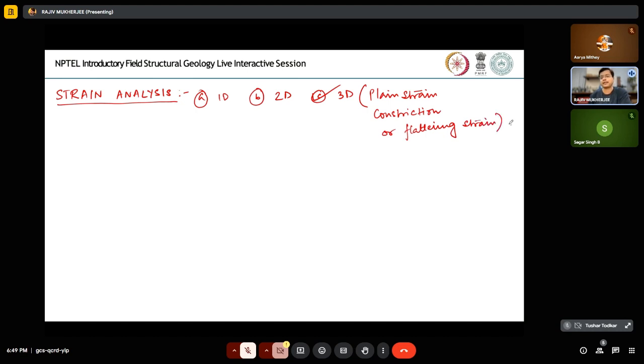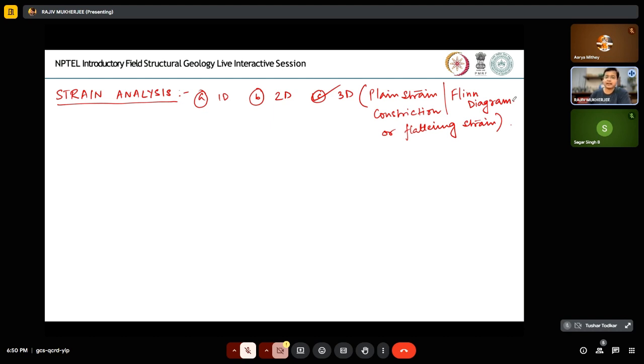Right. So these are the typical three classes in which we distinguish three-dimensional strain, and we generally do that using a Flinn diagram, right? The overall concept of the Flinn diagram and how it is calculated are extensively explained in the lecture videos.